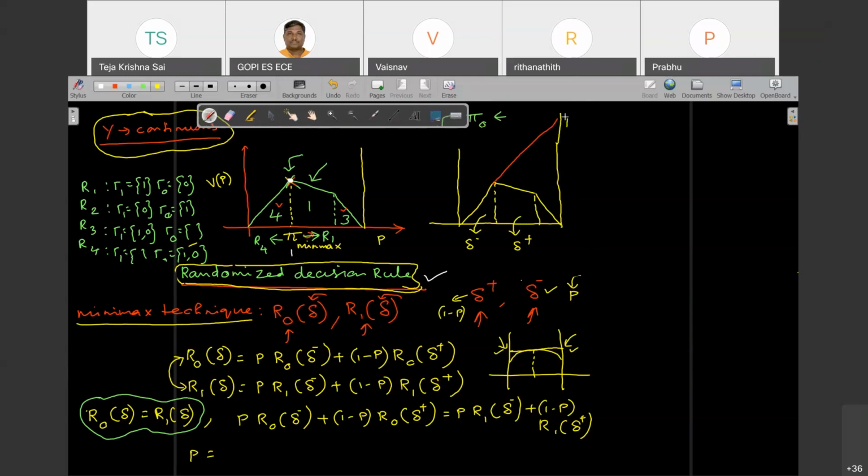What is this? This is nothing but R0 of delta minus, right?